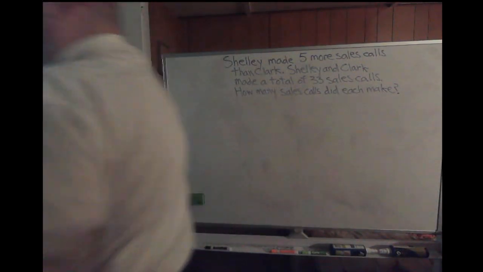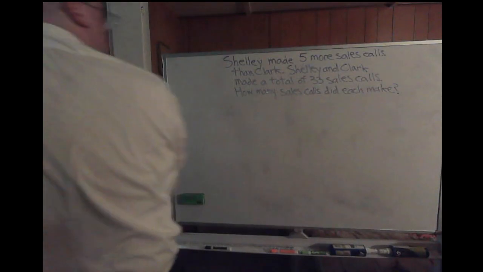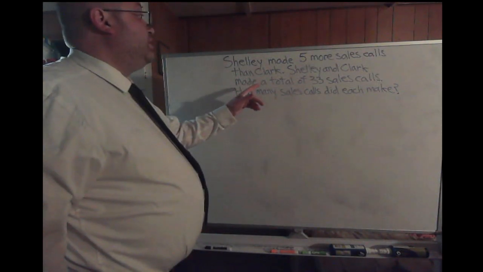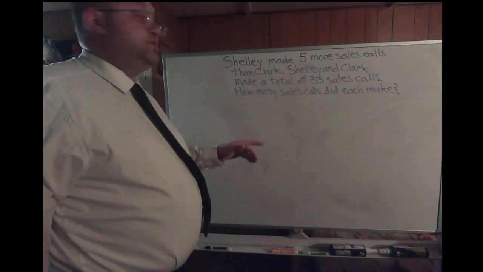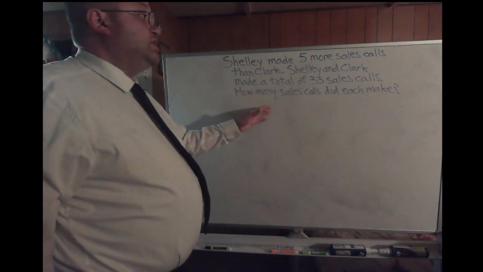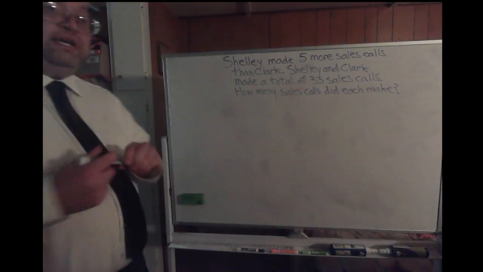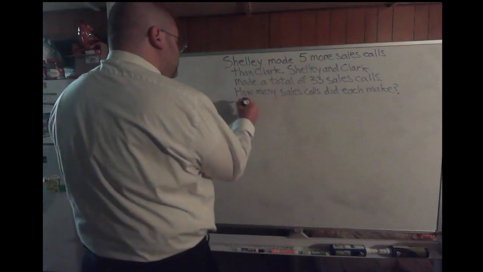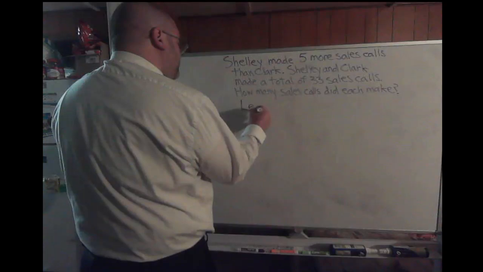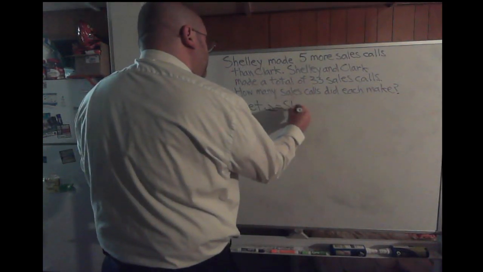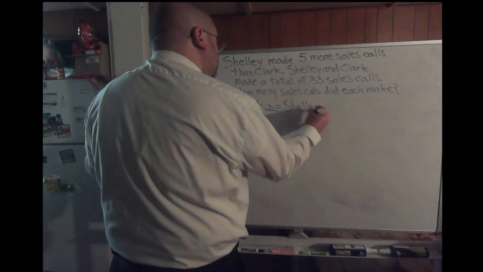Alright, so we got this problem here where Shelley made 5 more sales calls than Clark. Shelley and Clark made a total of 33 sales calls. How many sales calls did each make? Well, again, let's pick some variables that make sense. I'm going to vote that we let S equal Shelley's calls.